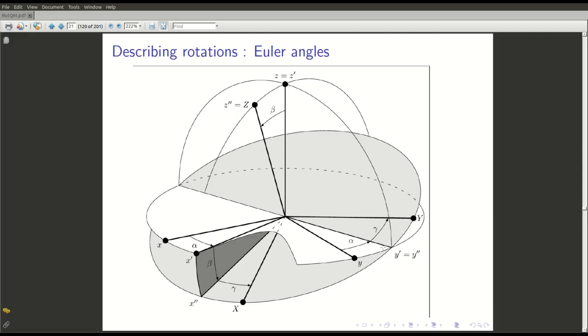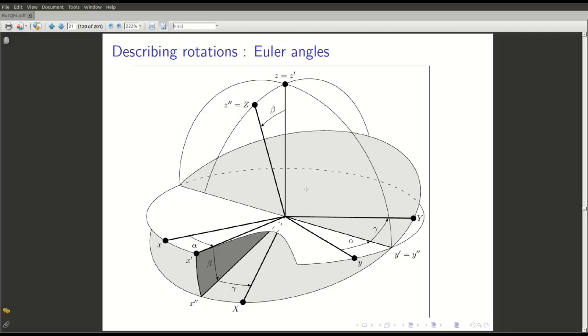Now the reason for doing this is essentially to set up the y-axis so that now I can rotate about the new y-axis, the y prime axis, so that I can actually end up with the z-axis moving to the correct final position.